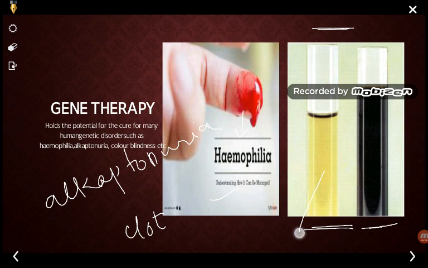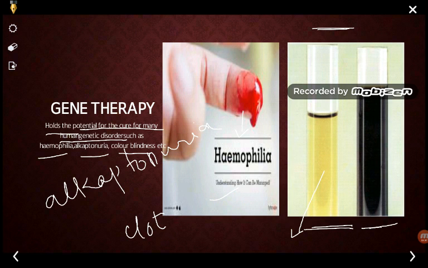And this is a normal person's urine, which remains yellow in color. So gene therapy holds the potential for cure of many human genetic disorders, and these may be hemophilia, alkaptonuria, color blindness also.